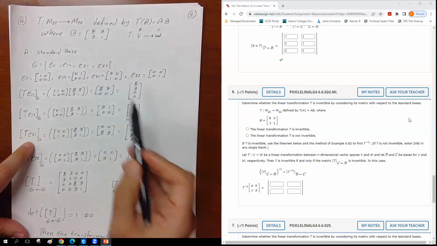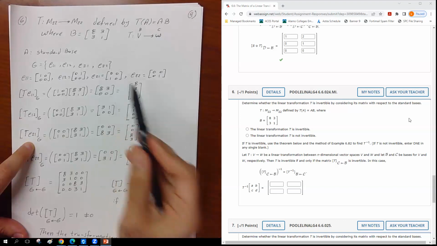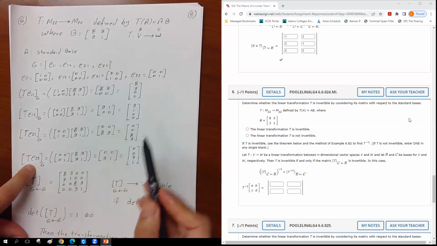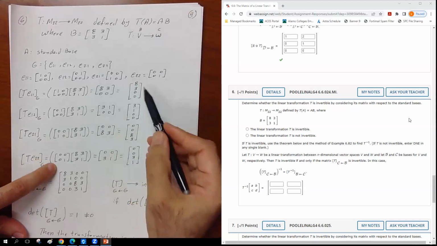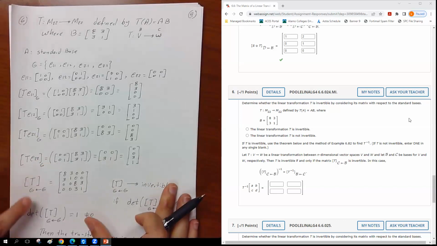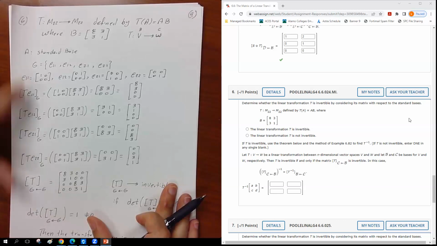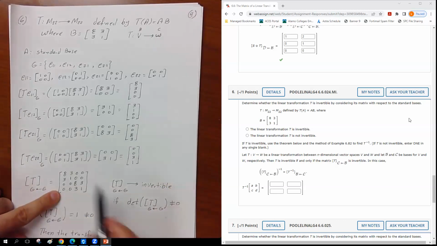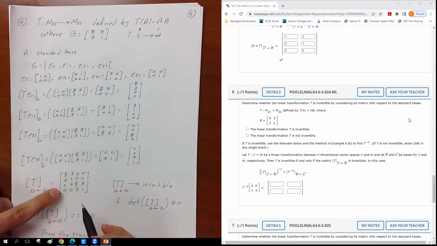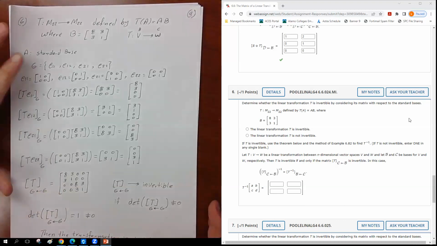The same thing with the third and fourth elements of the standard base. We're going to get 4 columns. That means our transformation matrix with respect to the standard base is going to be, here's the 4th column. Now, until now, we didn't prove that.